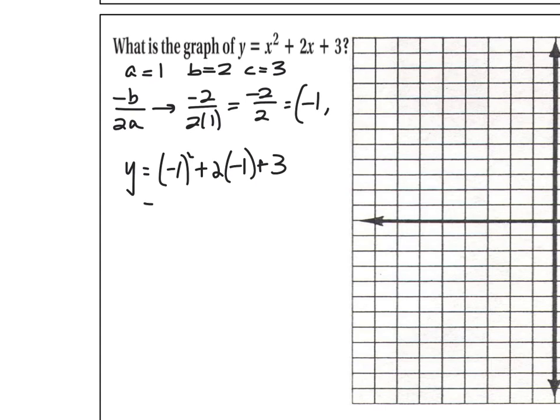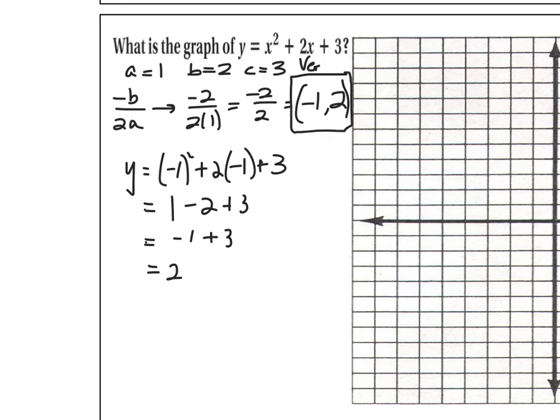Negative 1 squared, that's positive 1. 2 times negative 1 is negative 2, and then plus 3. Since I have all adding and subtracting, I go from left to right. So 1 minus 2 is negative 1, and then plus 3 is positive 2. So 2 is the y value. This guy right here is the vertex.